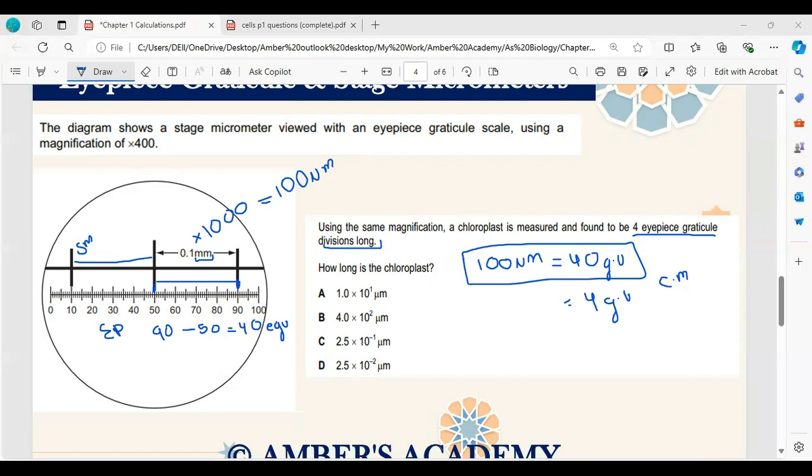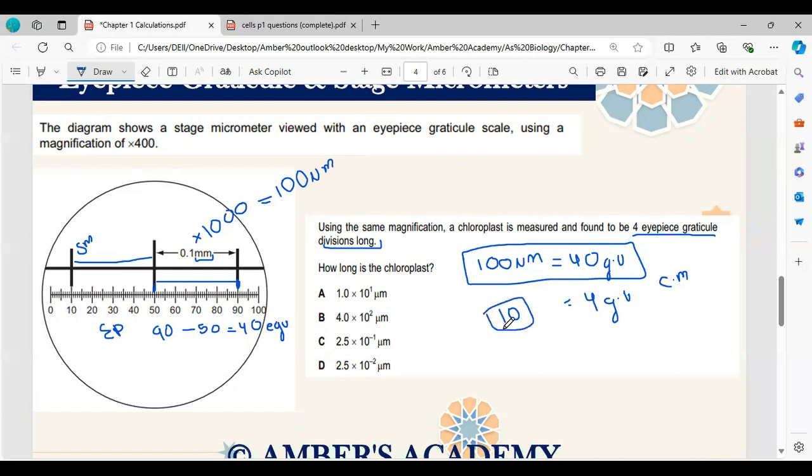Then I'm going to divide 400 by 40. So this is 10, 10 µm. Basically, I multiplied 4 with 100. It gave me an answer of 400. Then I divided 400 by 40. So my answer is 10.